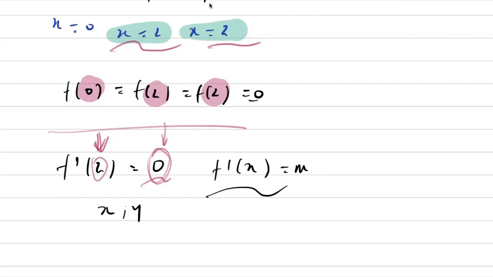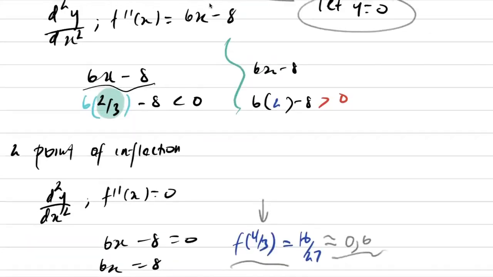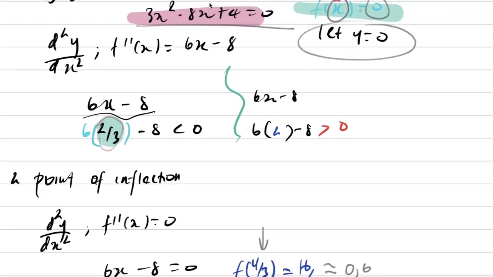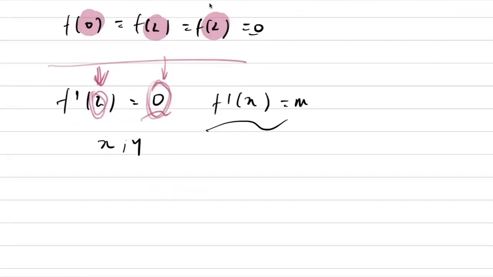But when we put this 2, and the other one was, I think, 2 over 3, only when we put 2 and 2 over 3 do we get the output 0, meaning we get gradient 0. So the 2 becomes the x value of the turning point.